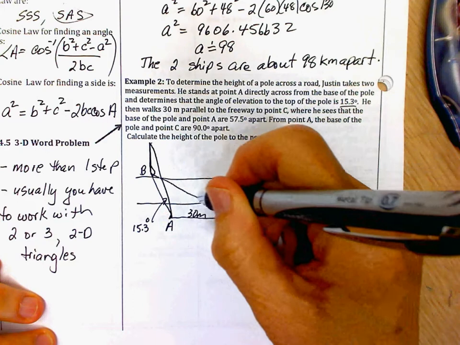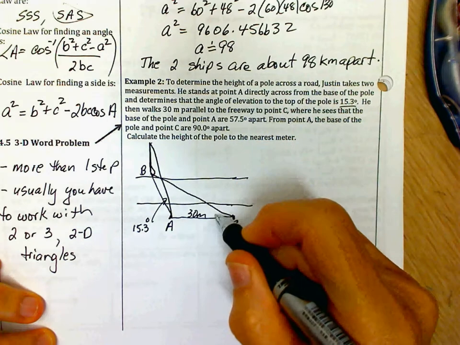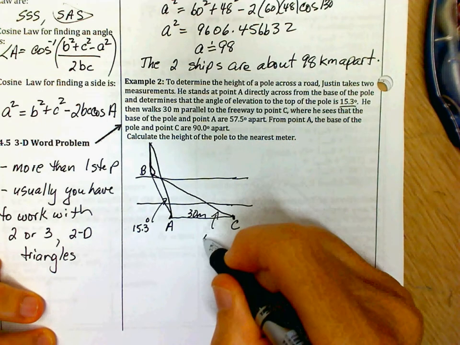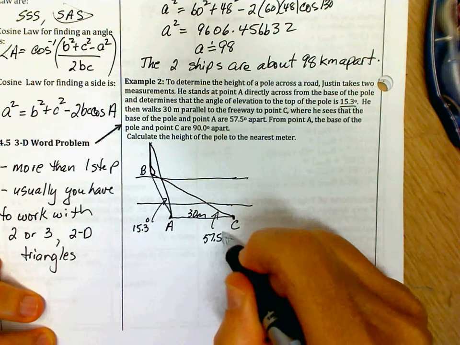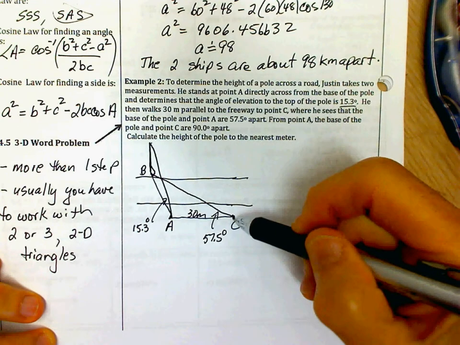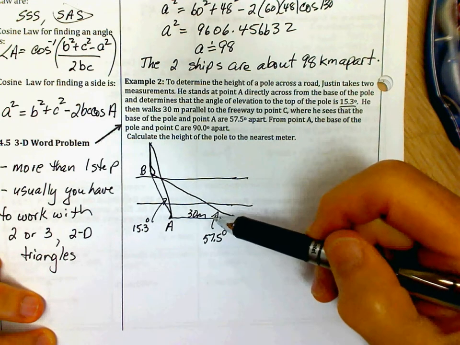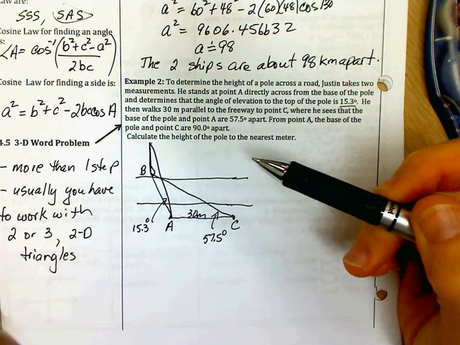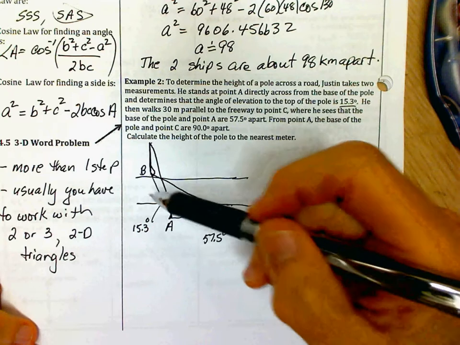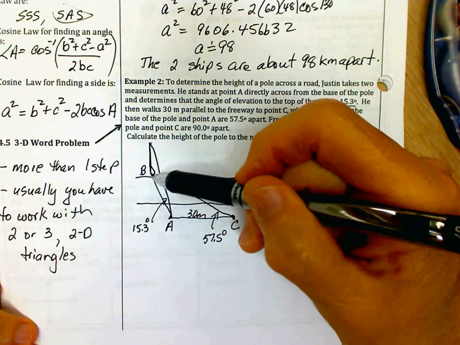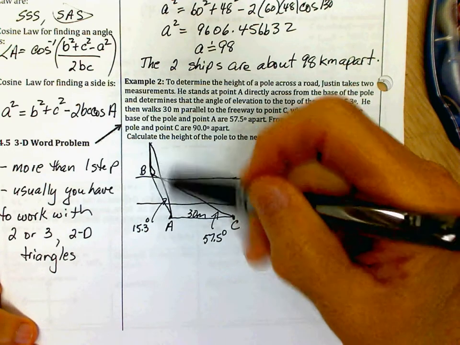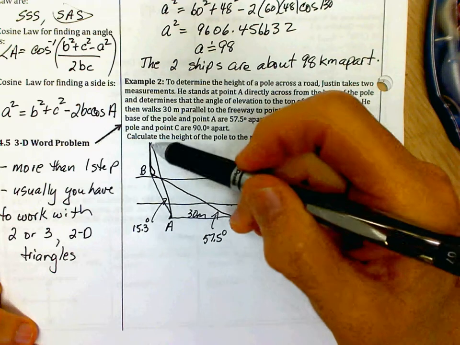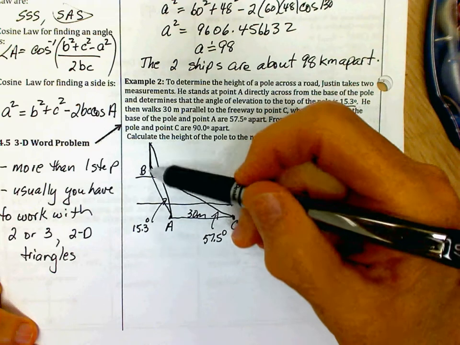So let's draw that. And this is going to be 57.5 degrees apart. So from point C, they're saying that this is 57.5 degrees apart. Now, even though maybe we don't see it in the drawing because I couldn't draw it here, we would lose a three-dimensional drawing in a two-dimensional space.